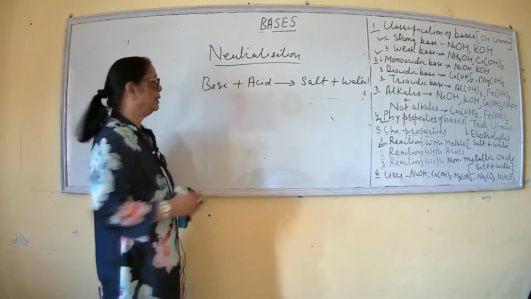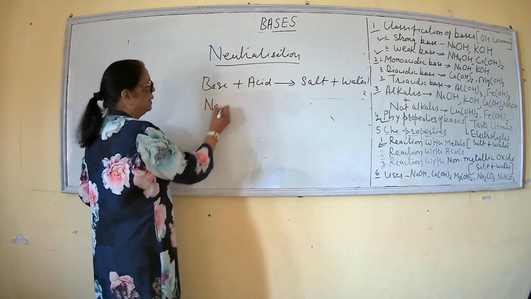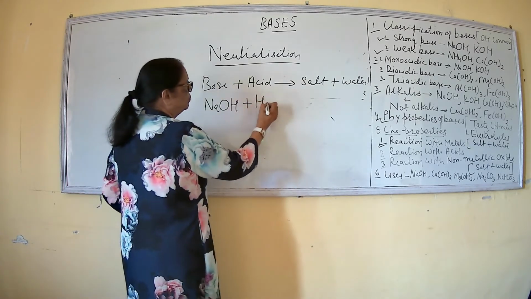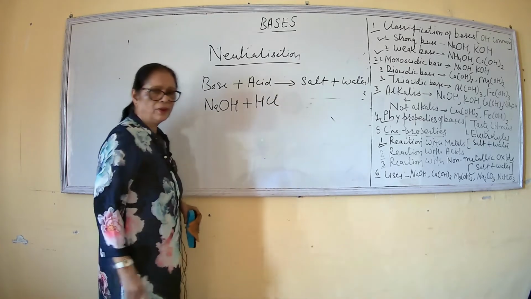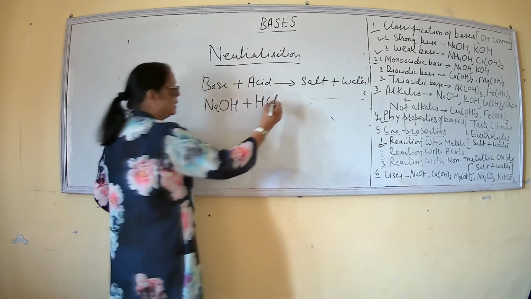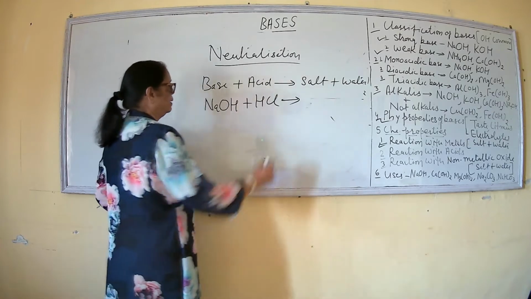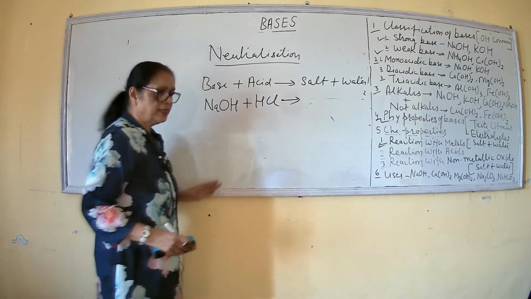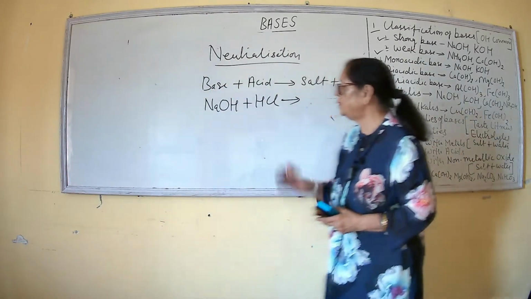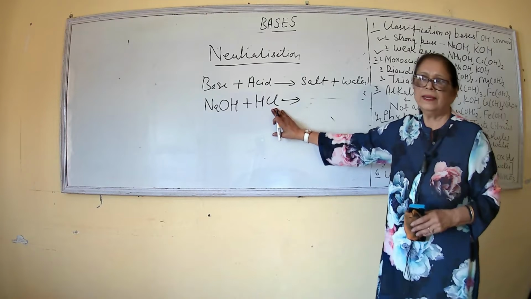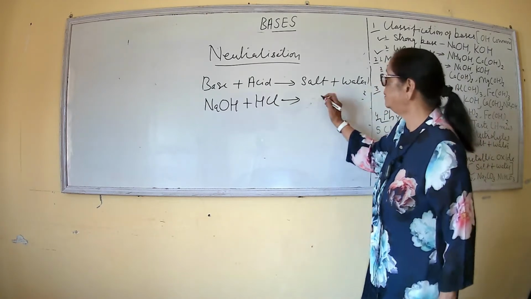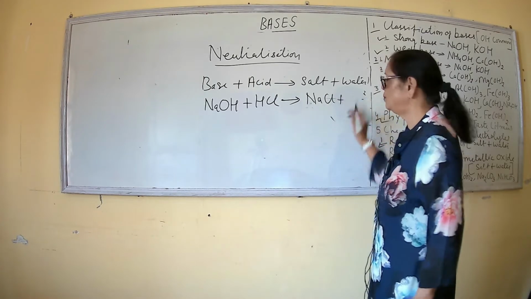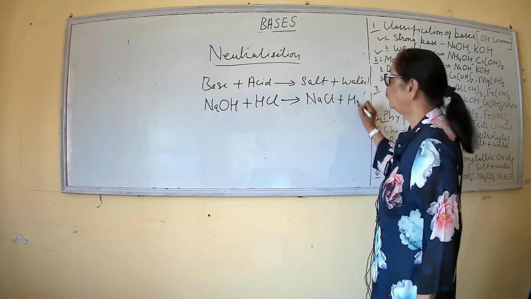We will take some chemical equations. Take a base, NaOH, which is a very strong base. Take an acid, we can have H2SO4, or we can have hydrochloric acid, which is also a very strong acid. Whenever they react together, sodium hydroxide, a very strong base, will lose its basic properties, and hydrochloric acid will also lose its acidic properties, and they will form NaCl. Two neutral compounds will be formed, NaCl and water.